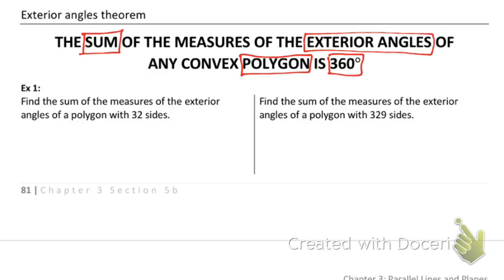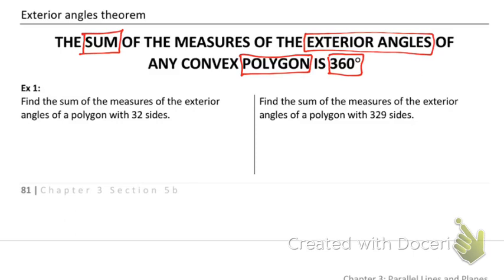Grant. Is the exterior angle theorem with the triangles the same thing as this, kind of? Because a triangle, did we count that as a polygon? Our triangle is a polygon, so that would work with this. If you got the exterior measures of a triangle, it's going to add up to 360 degrees. In fact, we did that for homework.